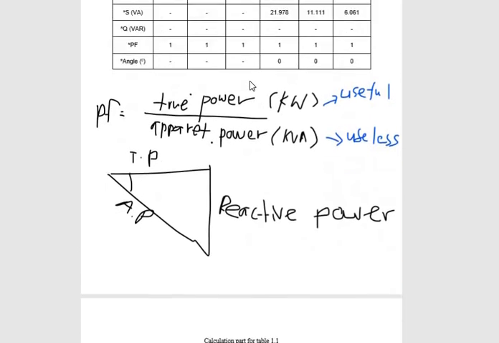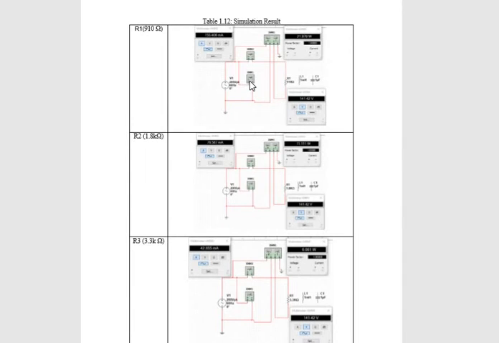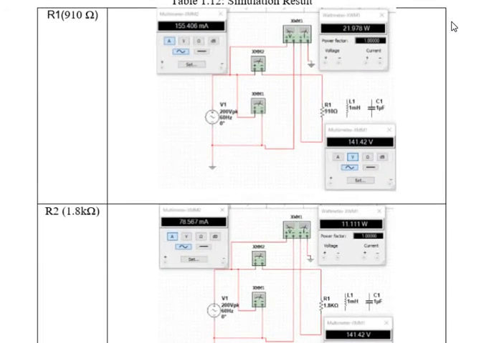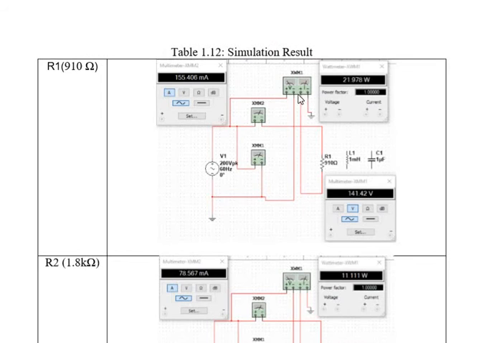For experiment part 1, we need to measure the voltage and current, and also the power of the resistive circuit. From the simulation result, for R1 we get 910 ohm of the resistor connected to the circuit.